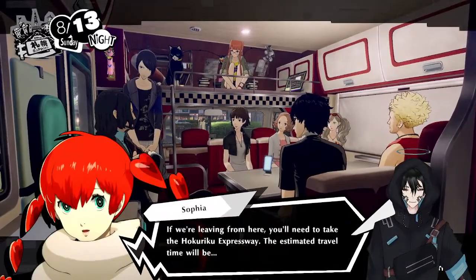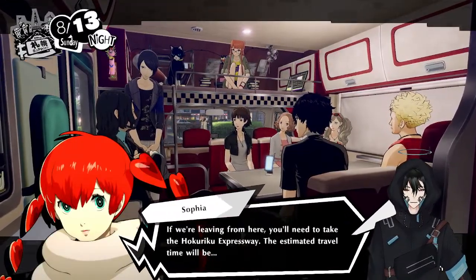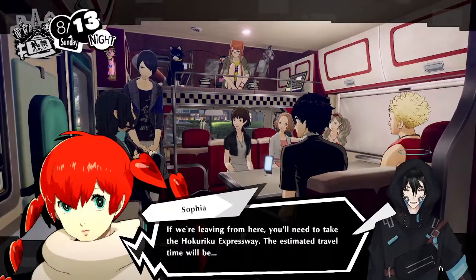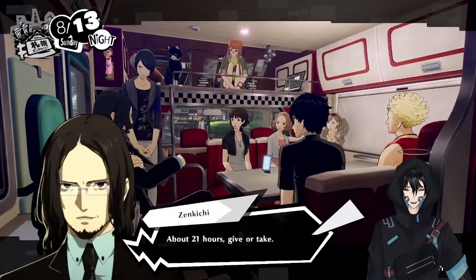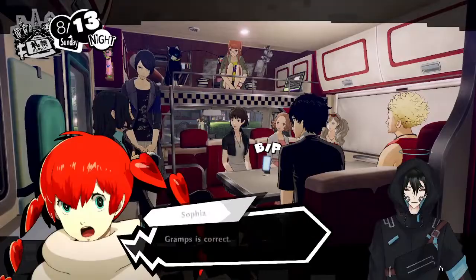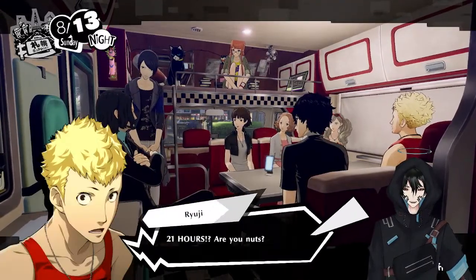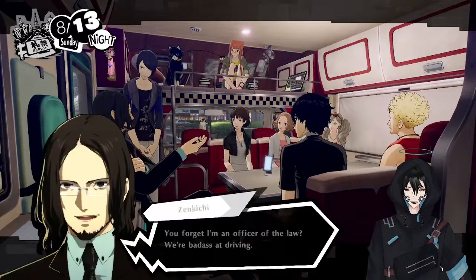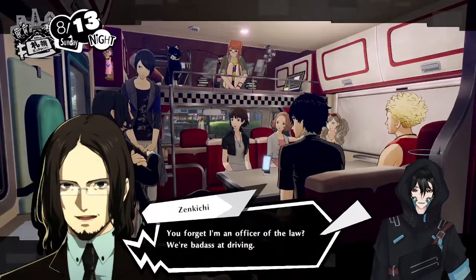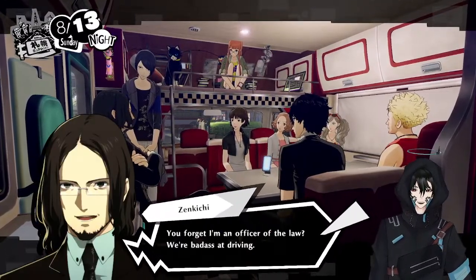If we're leaving from here, you need to take the Hakumuro Expressway. The estimated travel time will be about 21 hours, give or take. That's correct. 21! Are you nuts? You forget I'm an officer? That is true.